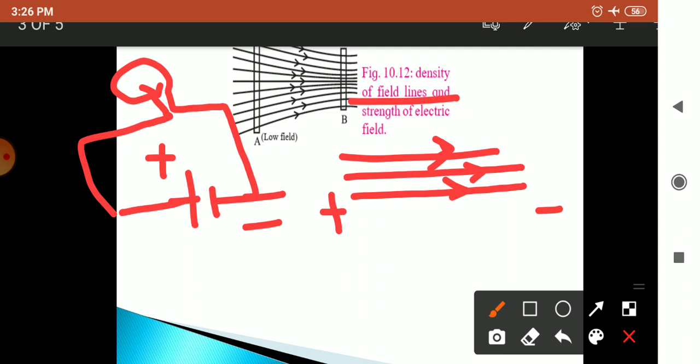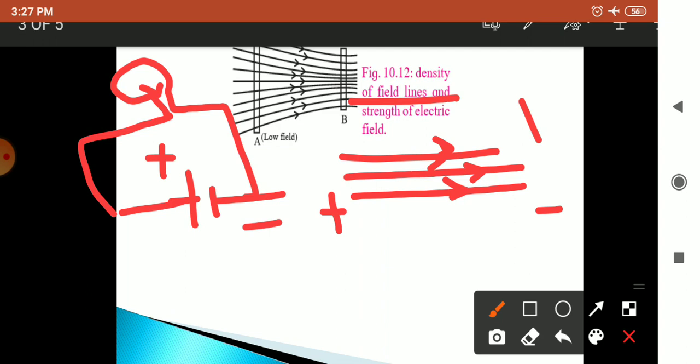Then the third characteristic: the lines of force leave or terminate on a conductor normally. Terminate means it will vanish at a conductor only. Then the fourth characteristic: the lines of force do not pass through a conductor.